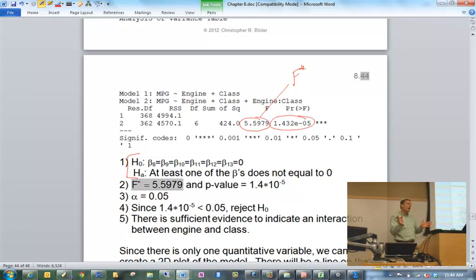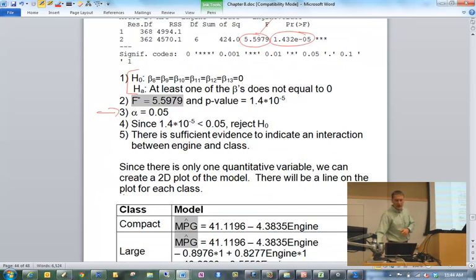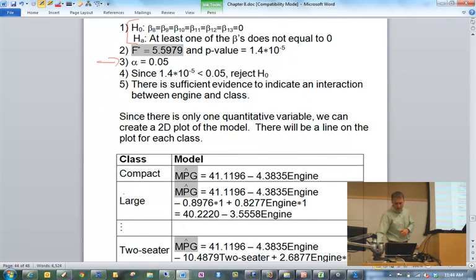We don't specify where, we just specify there's at least some. State my F test statistic and the p-value. Suppose I use alpha 0.05, p-value is less than alpha, reject. What does this mean? There is sufficient evidence to indicate an interaction between engine and class is important.